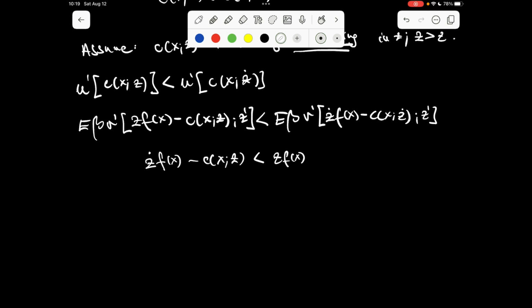It's a very useful relation because we can say that it is true, it holds. Given that Z dot is higher than Z, it is positive, and it is also positive.